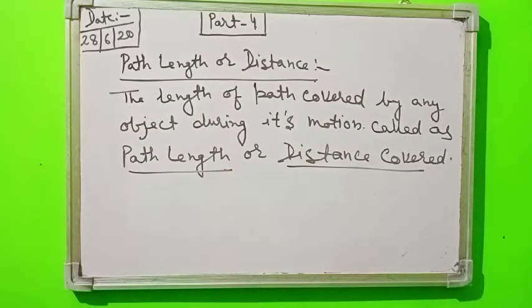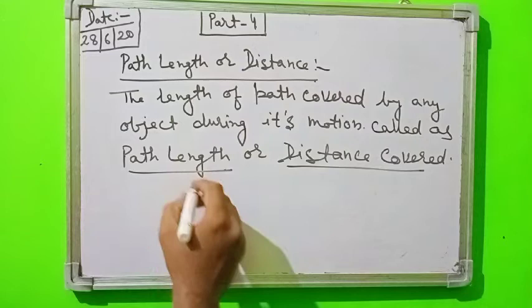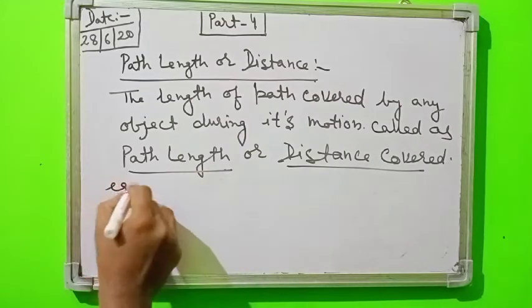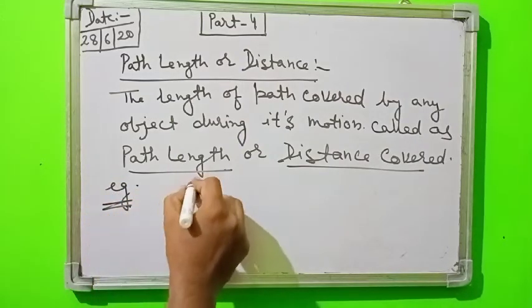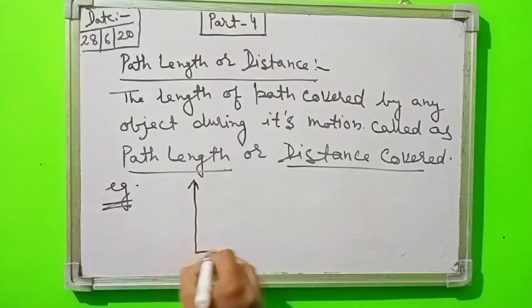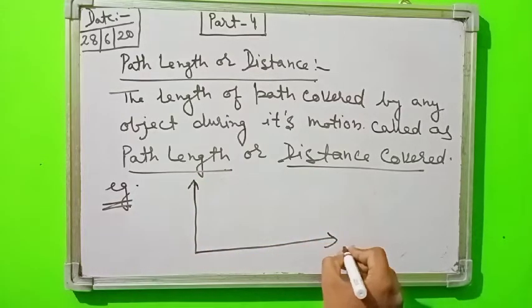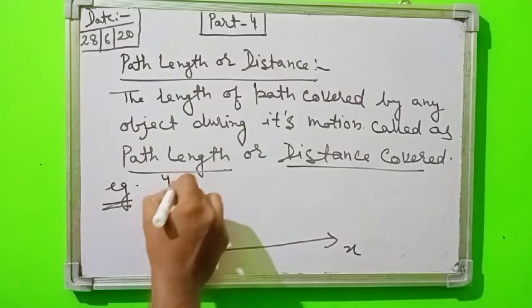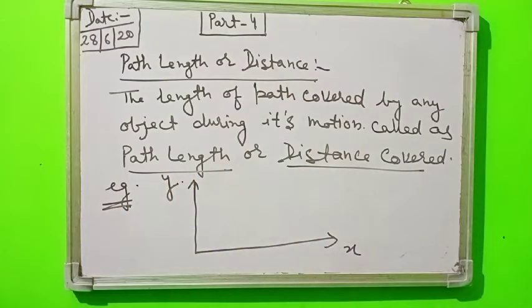To understand path length, I am taking an example. Look here. This is the y-axis and this is the x-axis.